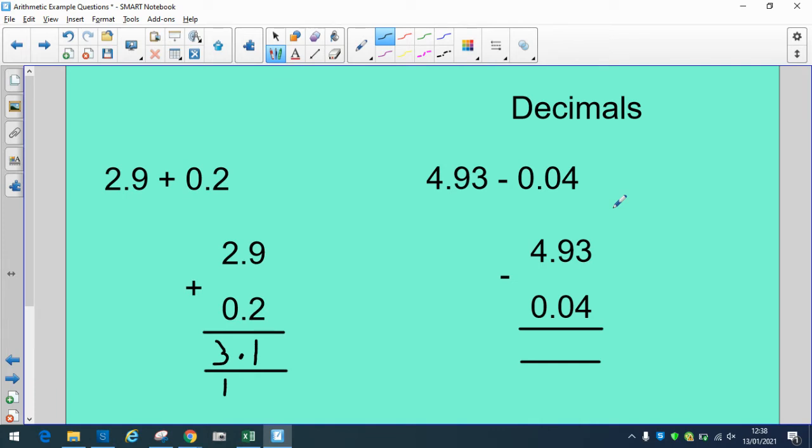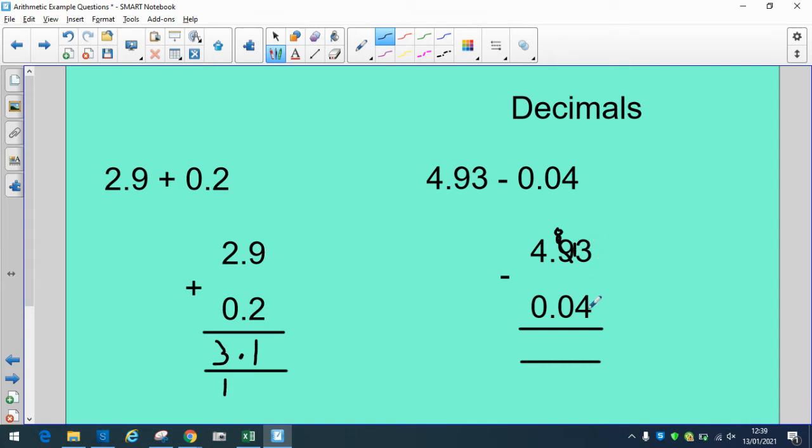Similar process for your takeaway. So 4.93 take away 0.04. 3 take away 4, we cannot do that. As we're looking back, this will require an exchange. So we would take from the tenths column, so we'll have 8 tenths now. We're going to put 10 hundredths in here, which gives us 13.